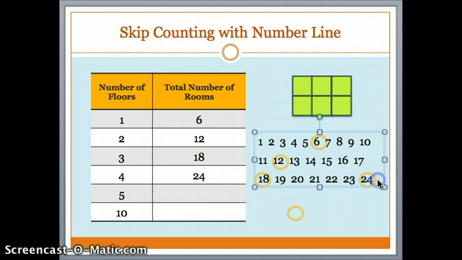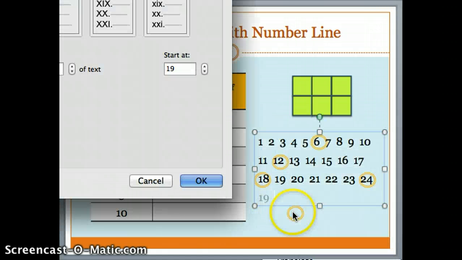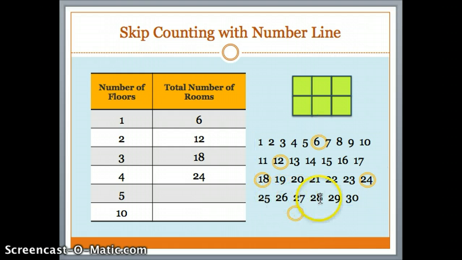Looks like I need to make more on my number line. 1, 2, 3, 4, 5, 6.